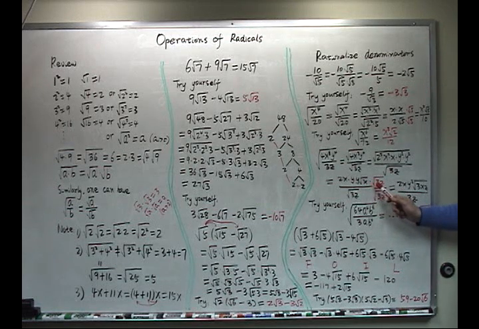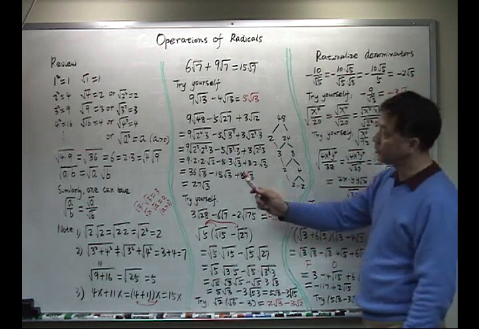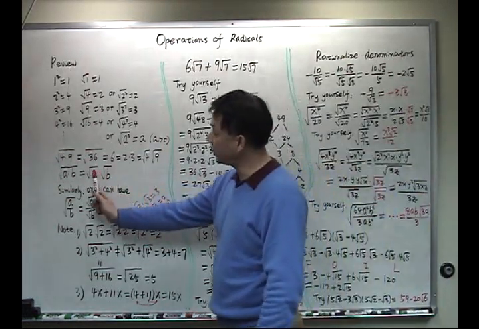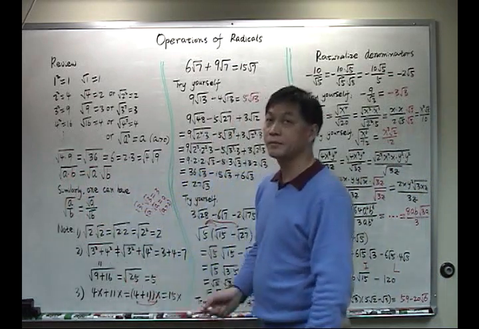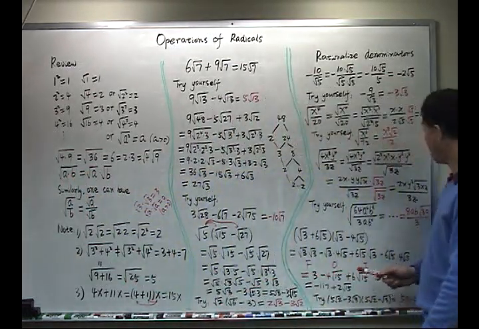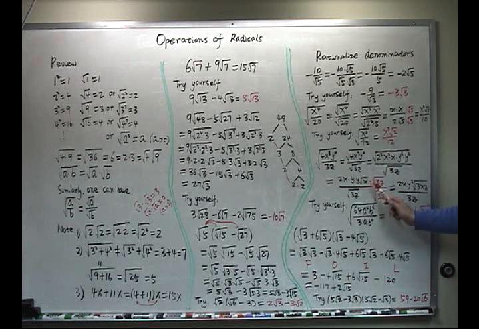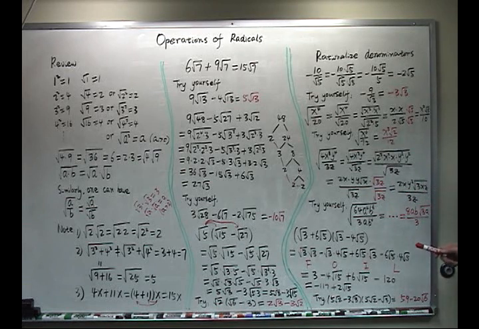Radical x times radical 3z is radical 3xz. It's like radical a times radical b is radical ab. We don't write more than 2 radical signs. We write it as a single radical sign. And here we don't want the denominator to have a radical sign. That's why we do that.